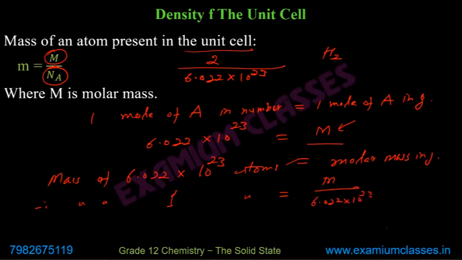I'm just applying the unitary method, and 6.022 into 10 to the power 23 is Na. So from there, we got that mass of one atom is equal to M divided by Na, where M is molar mass or atomic mass in this case, because we are talking about atoms. So instead of molar mass, you can say atomic mass.